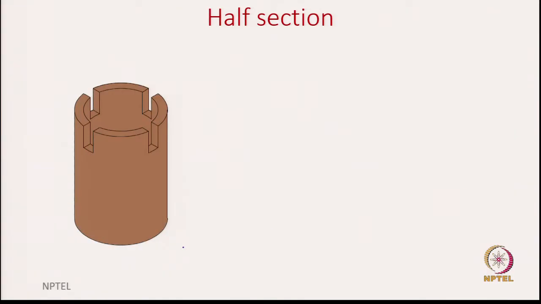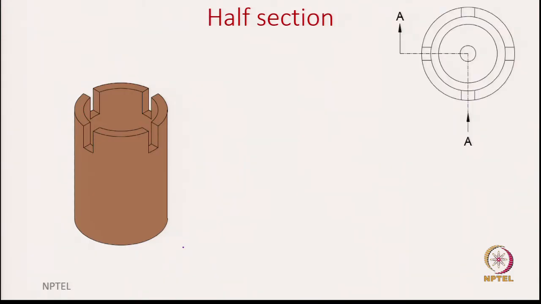So, let me show it through visualizations. Okay. Here is the top view and this is the way to show the half section. As you can see, there is only one cut line shown. Actually, there are two cut lines which are perpendicular to each other.